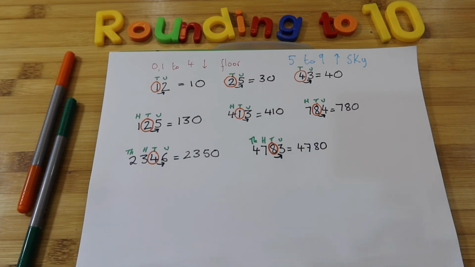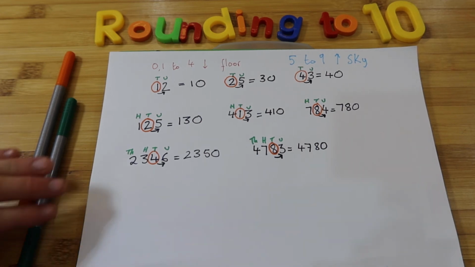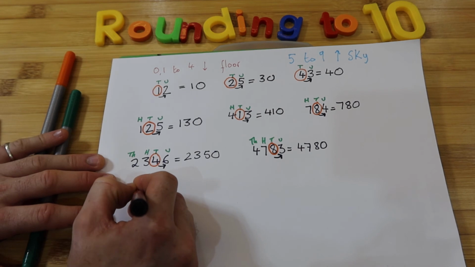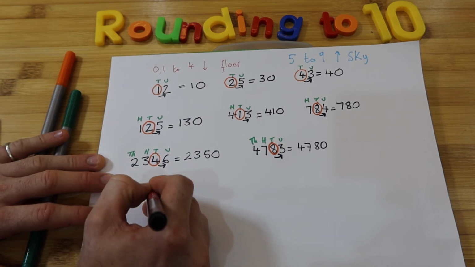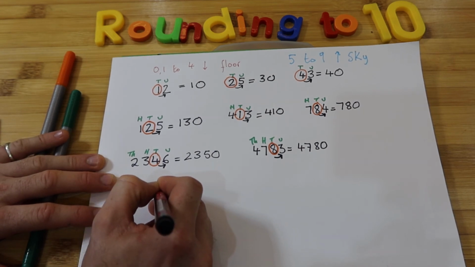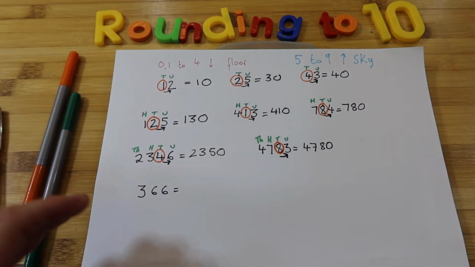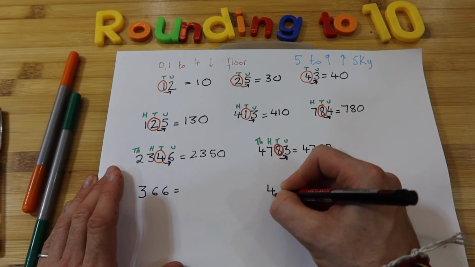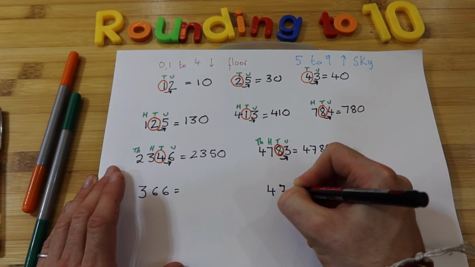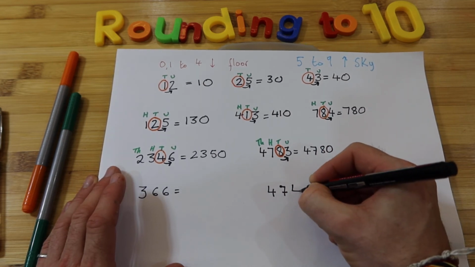Okay, I'm going to try and do now 2 or 3 different ones here. You can then pause it and then we'll see if you can get it. So let's see. I'm going to say 366. See if you can do that one. Let's see if you can do 474.